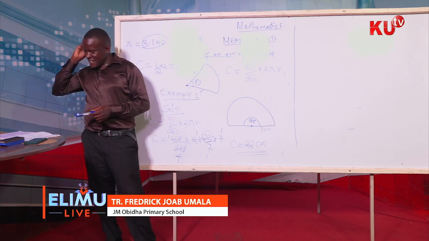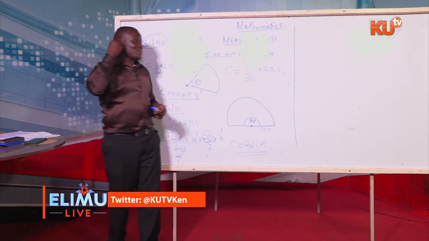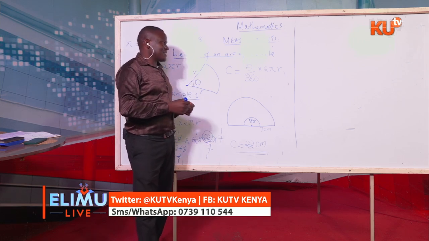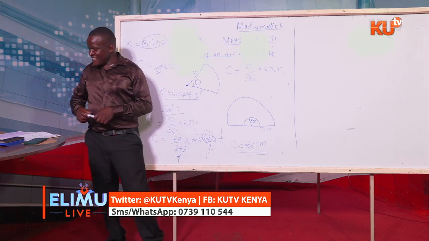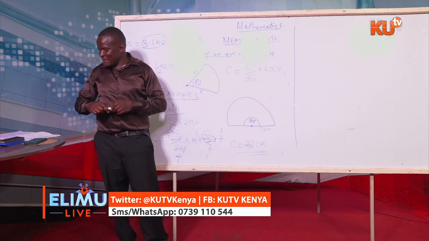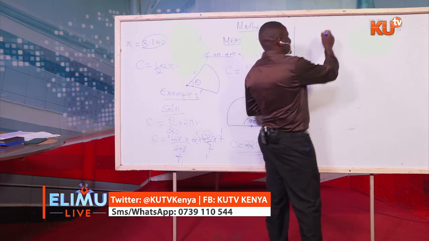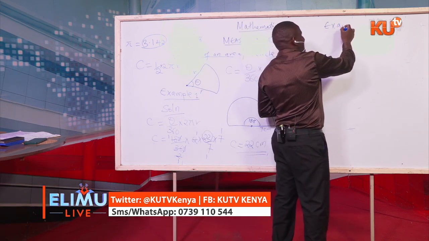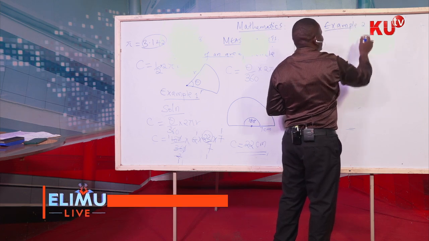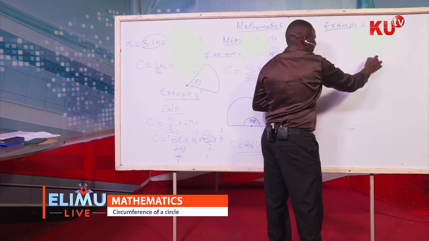An arc of a circle of radius 21 centimeters subtends an angle of 60 degrees. In example 2, we have an arc. That is our arc.